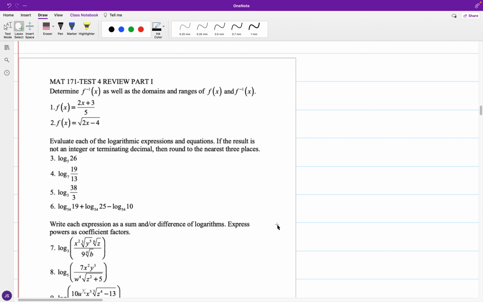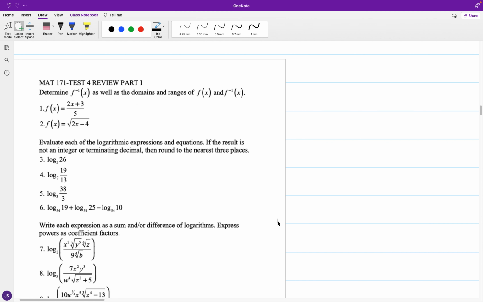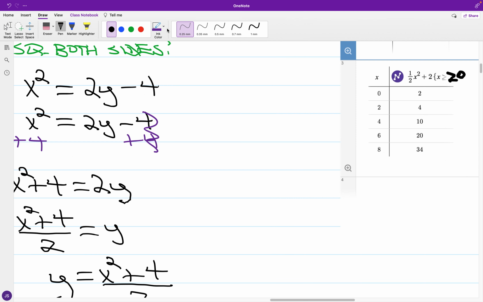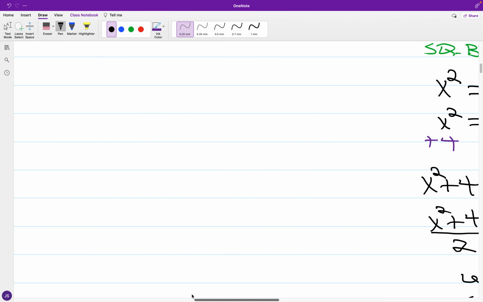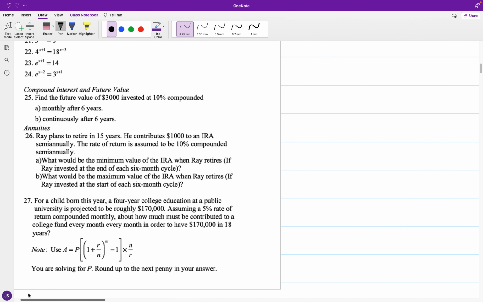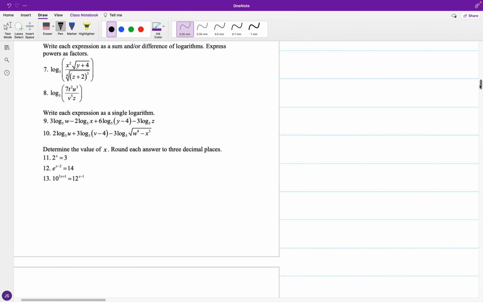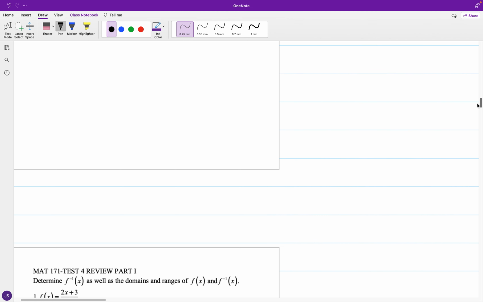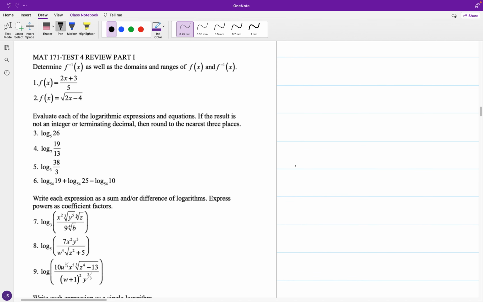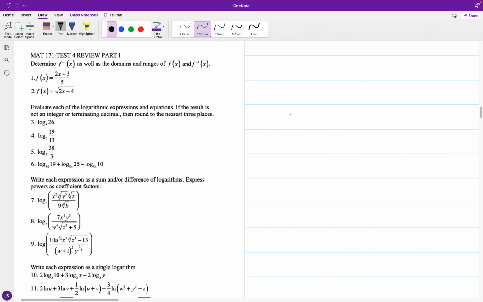And it says here that if the result is not an integer or terminating decimal, then round to the nearest 3 places. So starting out with the base 5 logarithm of 26, we have that 26 is neither a multiple nor an integer power of 5.